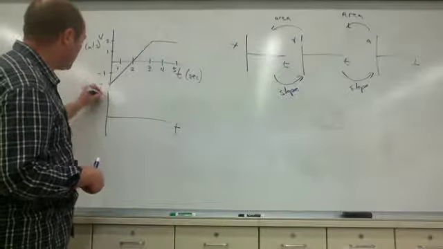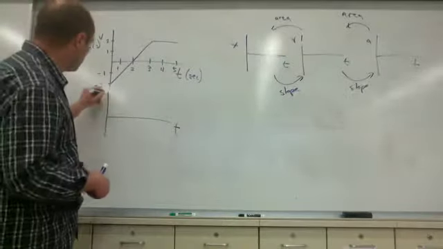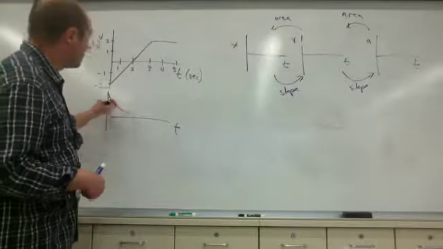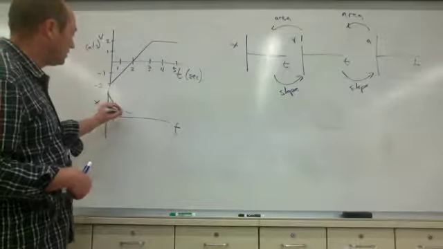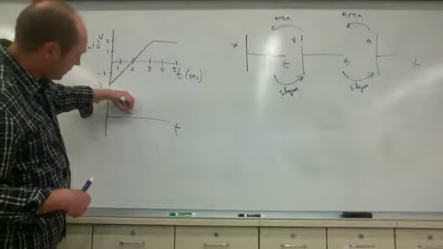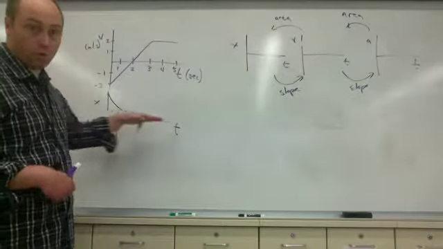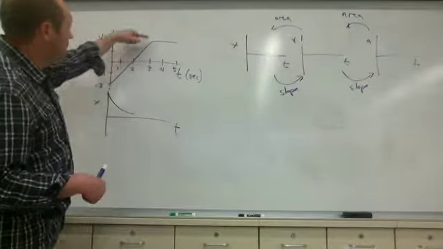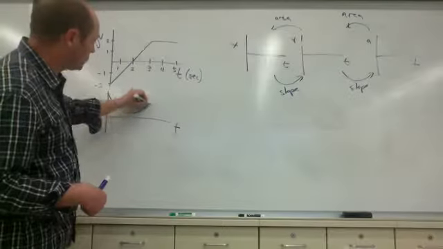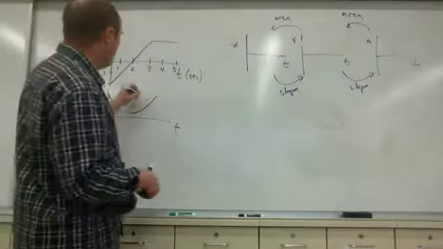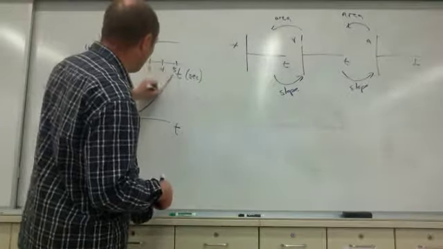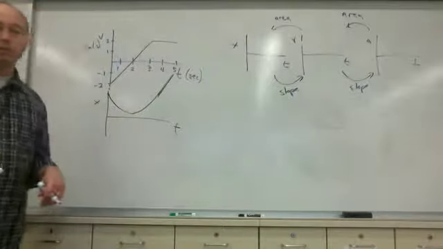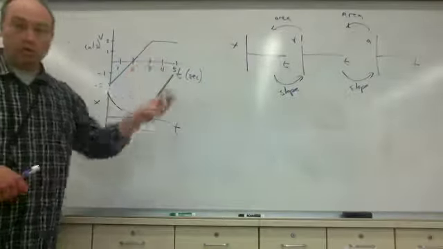I can start wherever I want. Then I stop for an instant, so I need a horizontal tangent line, and then I speed up going forward, and then go forward at a constant speed. Hopefully that makes sense.